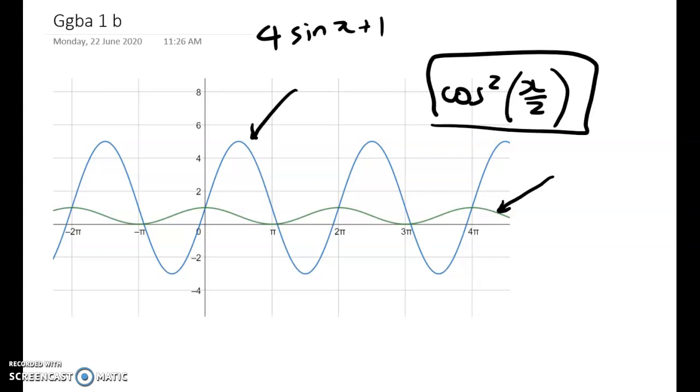Let's look at where these crossover points are. You can see that they are indeed on all of the multiples of 2 pi. And then there's another one which is here, and another one here, and so on. You could do some checking to see that those values match up, but they do.